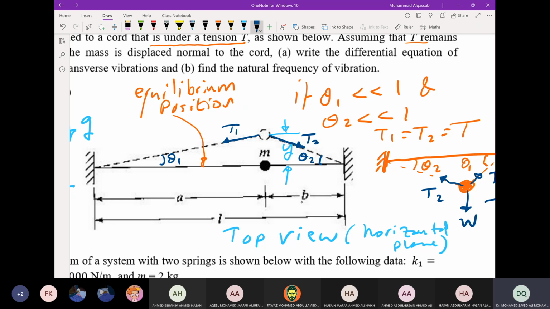We can prove they are equal with the assumptions that theta 1 and theta 2 are very small. So let's say they are T1 and T2. They make angle theta 2 with the horizontal here, and T1 makes theta 1 with the horizontal.